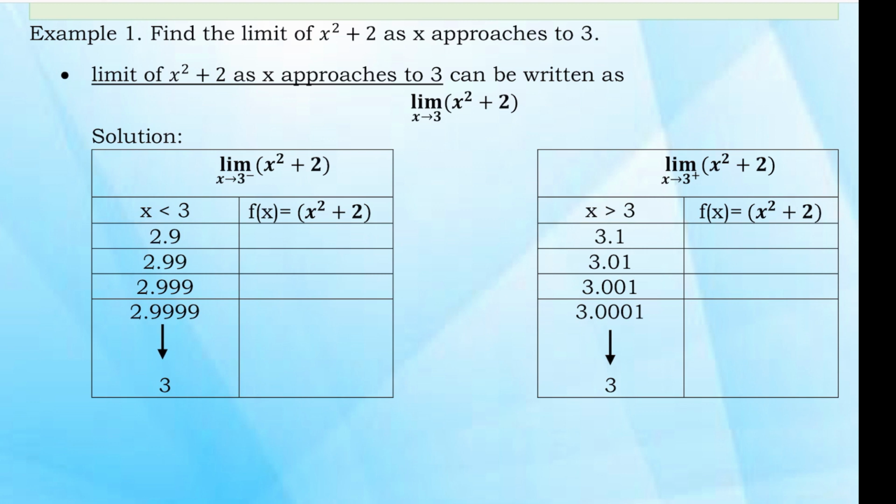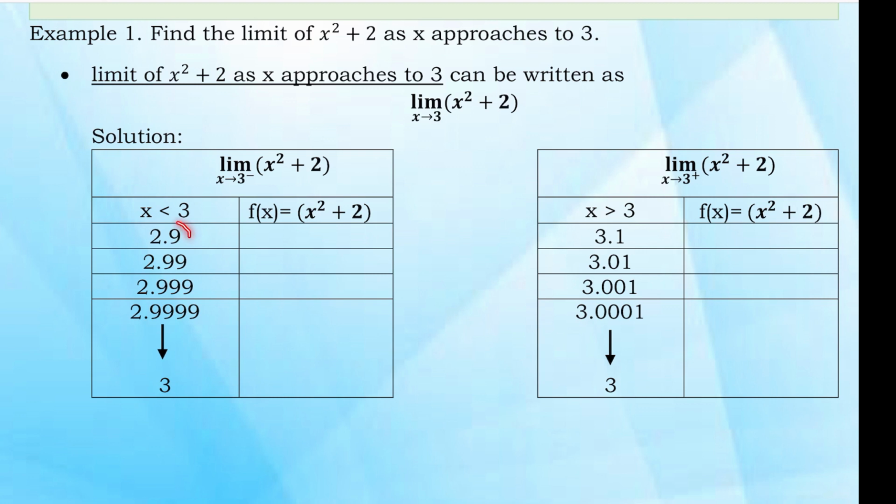When we say x approaches 3 on the left side, we're going to use the numbers before 3. So what are the numbers before 3? Possible numbers are 2.9, then closer, 2.99, closer to 3, 2.999, and so on.